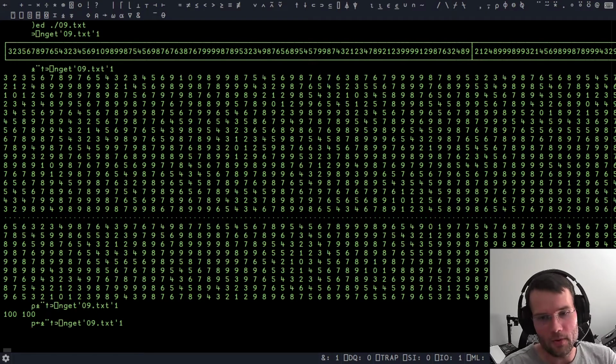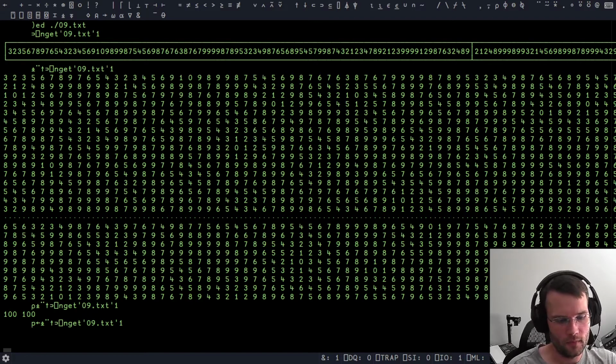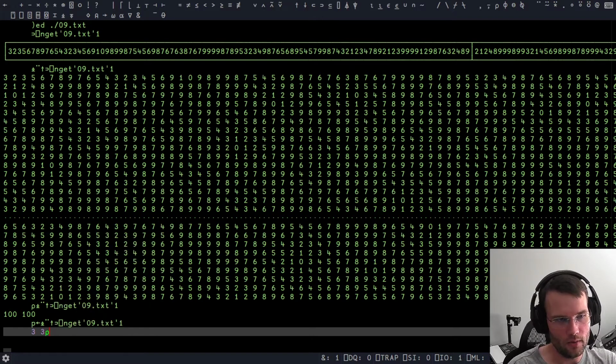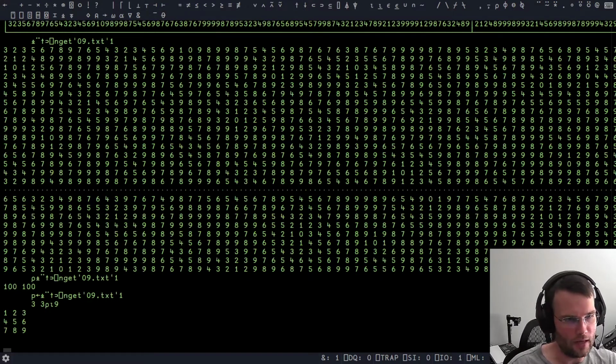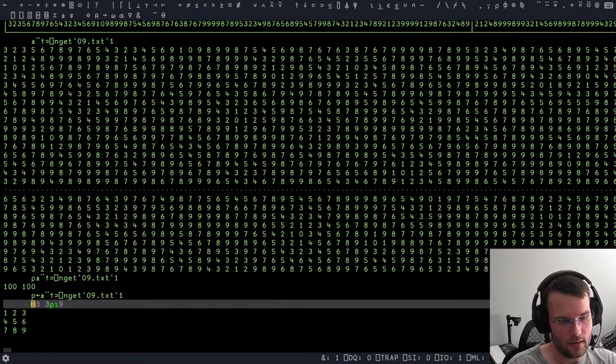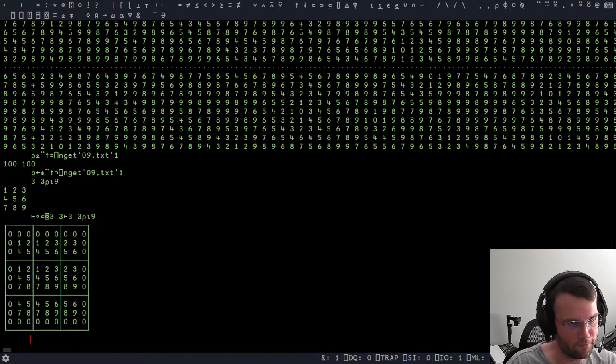So the stencil operator, let's see, if I take a 3 by 3 matrix of iota 9, looks like that, and then stencil, we can take 3 by 3 slices, and then we can just enclose them to be able to see what the stencil operator is actually doing.